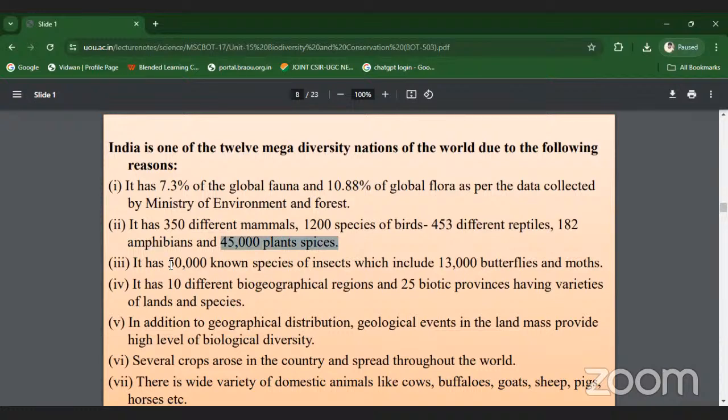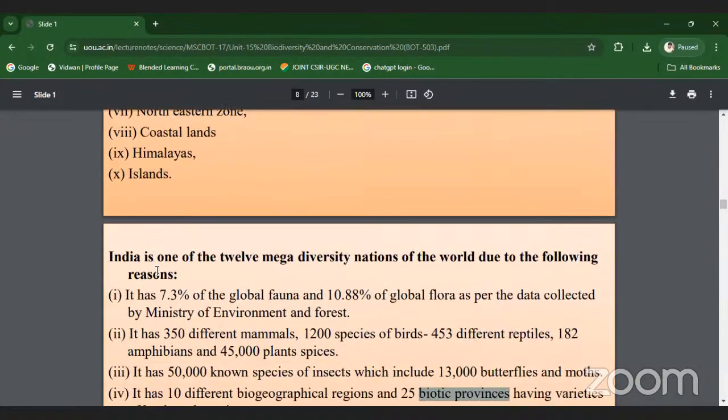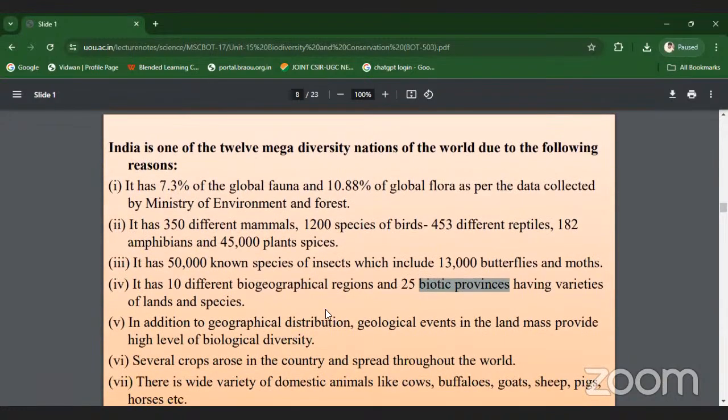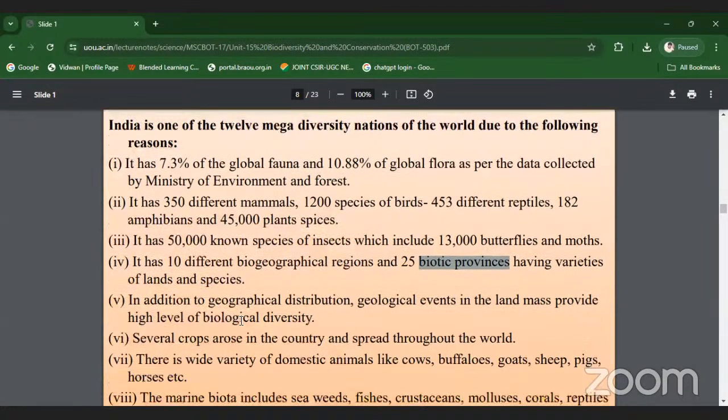It has 5,000 known species of insects, which include 13,000 butterflies and moths. It has 10 different biogeographical regions and 25 biotic provinces having a variety of species.